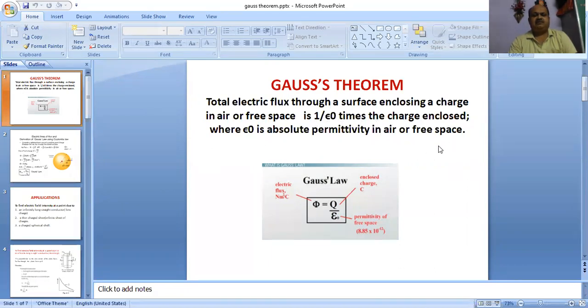Just now I told you the factors on which Gauss law depends: enclosed charge, permittivity of free space or air, nature of surrounding medium. According to Gauss theorem, electric flux phi equals Q by epsilon naught.